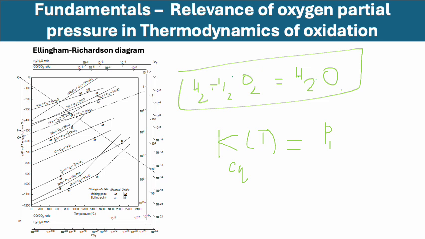This is a water vapor partial pressure, because it's a gaseous form. We are going to produce steam. It is not just water molecule. It's a partial pressure of H2O divided by partial pressure of H2 times root of PO2.